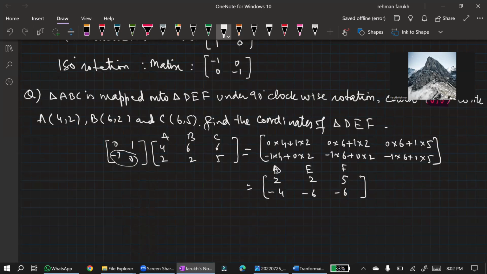So the coordinates for D, E, and F are D(2, -4), E(2, -6), and F(5, -6). These are the coordinates of DEF under a 90-degree clockwise rotation about the point 0, 0. If the center is 0, 0, then we can use the matrix to find the images. This one is all about the transformation. Thank you.